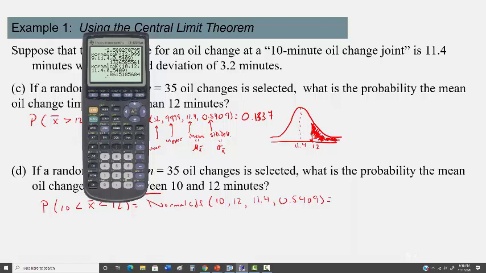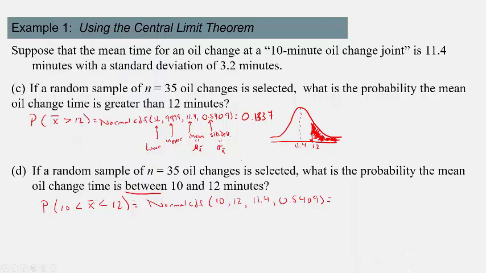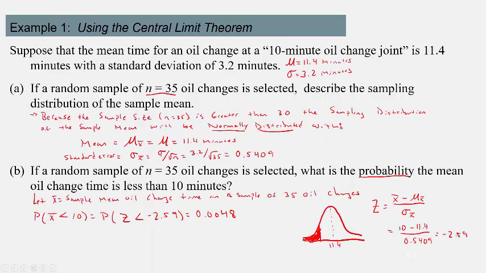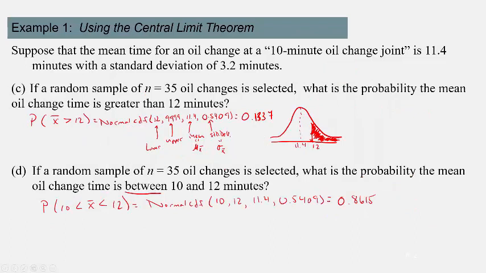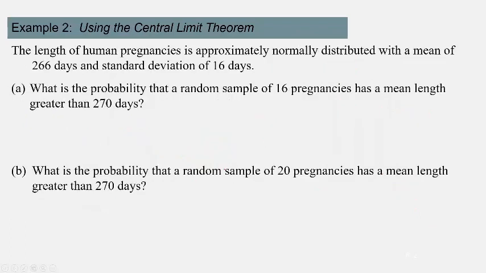And this probability is 0.8615. All right. So I hope you see really the only difference between this and last week, again, procedurally, is just you taking the standard deviation and dividing it by the square root of the sample size. All right, let's do one more example.